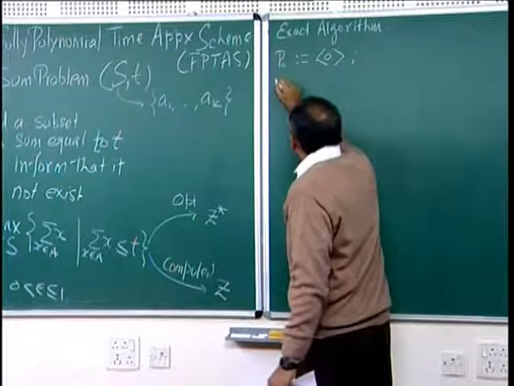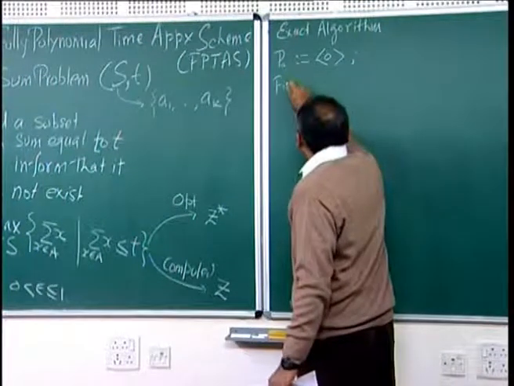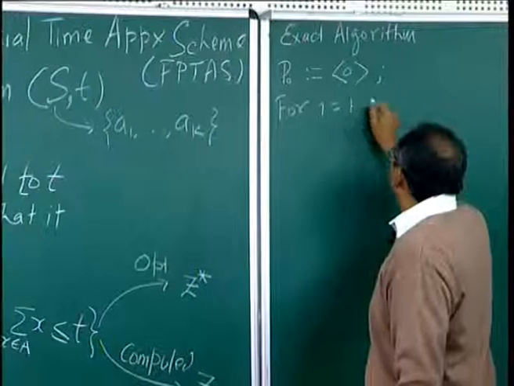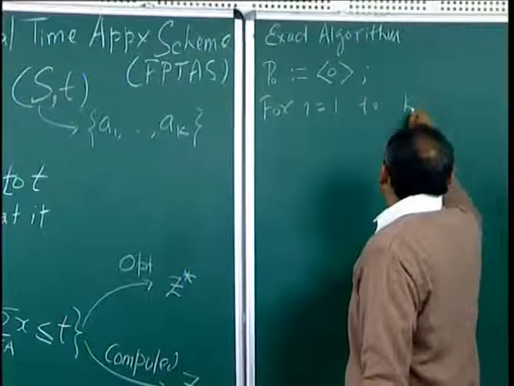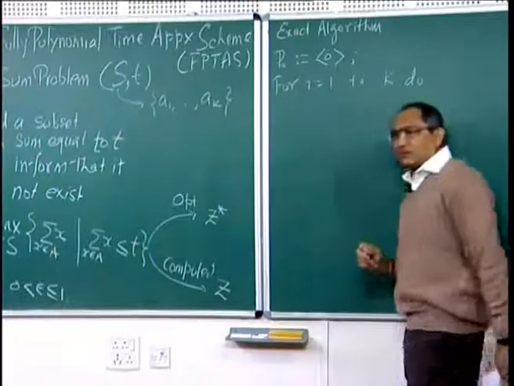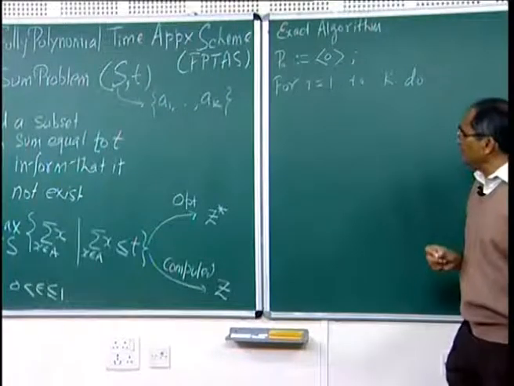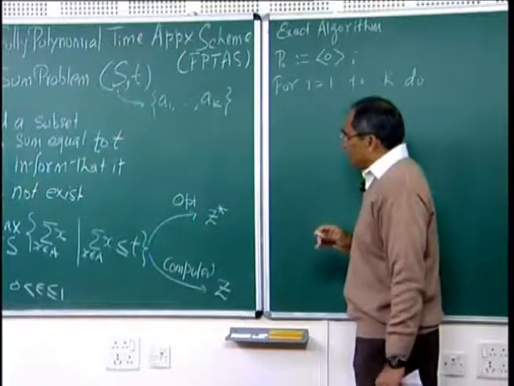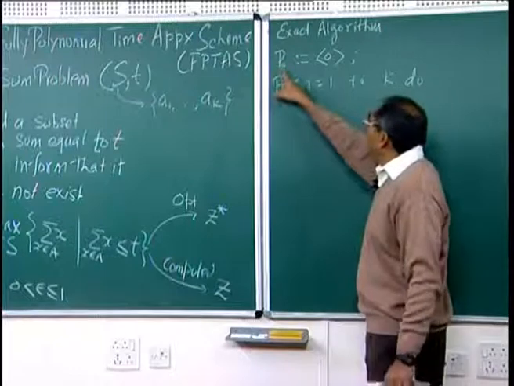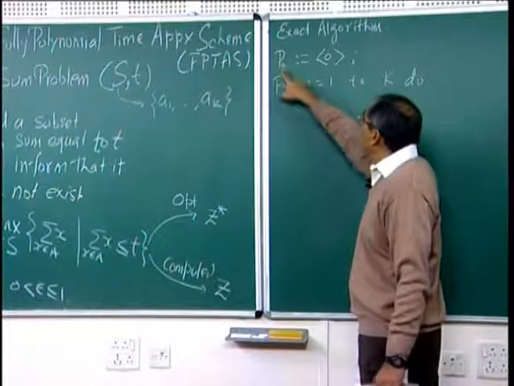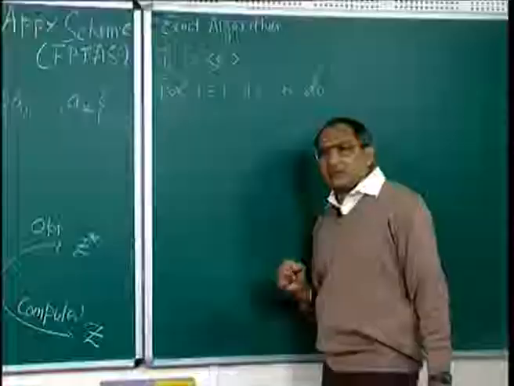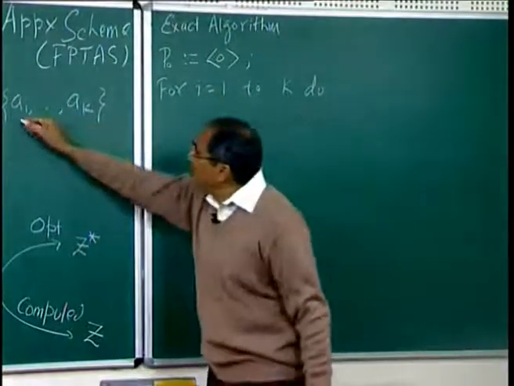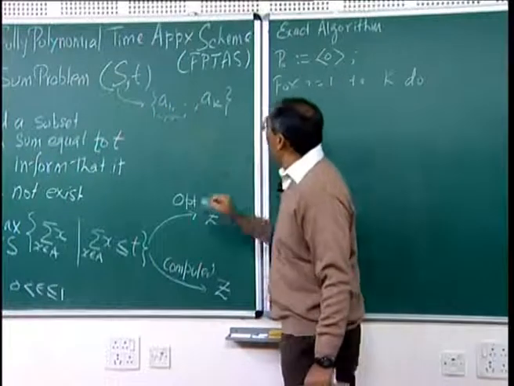Now, we are going to generate, for i equal to 1 to k, all the subset sums in the following fashion. We will generate this incrementally, that is to say, Pi will have the subset sums of all the integers from a1 to ai.